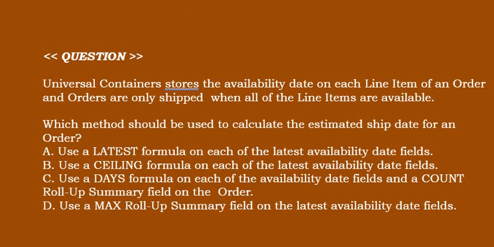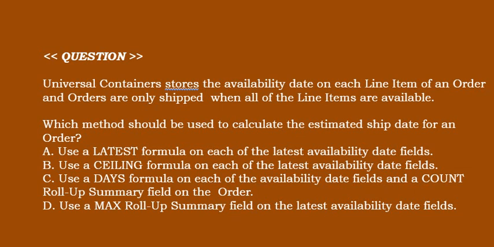Next question is Universal Containers stores the availability data on each line item of an order, and orders are only shipped when all of the line items are available. Which method should be used to calculate the estimated ship date for an order? Option A. Use a latest formula on each of the latest availability date fields.